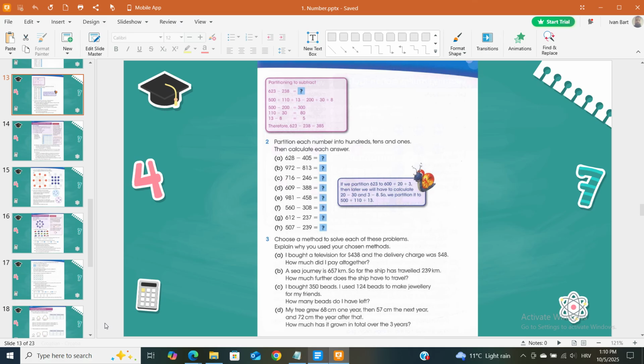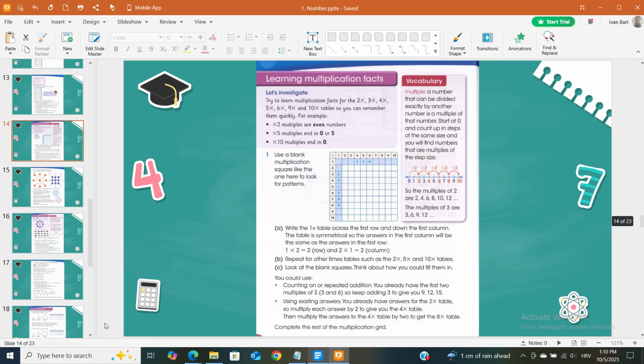C. I bought 350 beads. I used 124 beads to make jewelry for my friends. How many beads do I have left? D. My tree grew 68 centimeters one year, then 57 centimeters the next year, and 72 centimeters the year after that. How much has it grown in total over the 3 years?